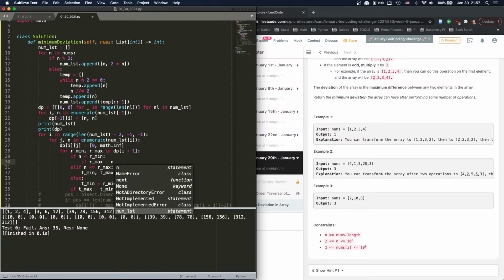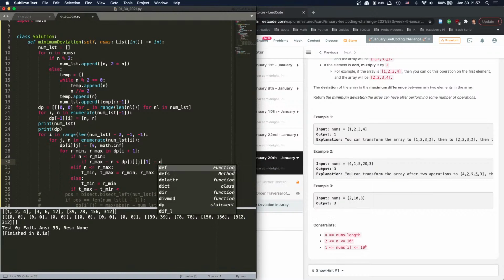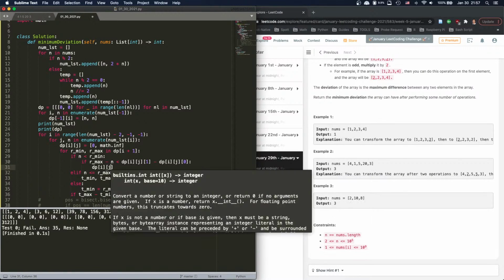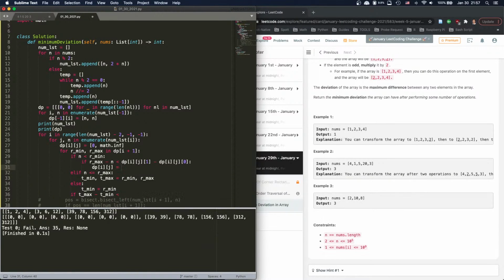How do we do this? So basically, we go through this and try to find the minimum, right? So if this is smaller than dp[i][j][1] minus dp[i][j][0], then dp[i][j] equals n, r max.